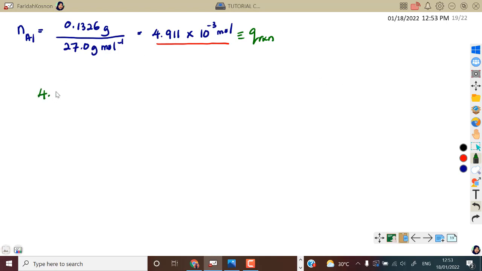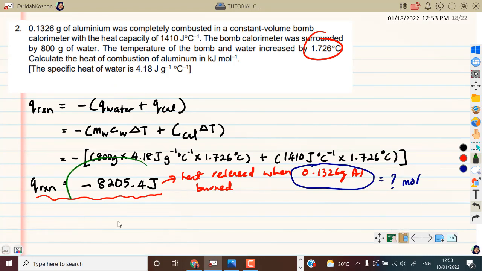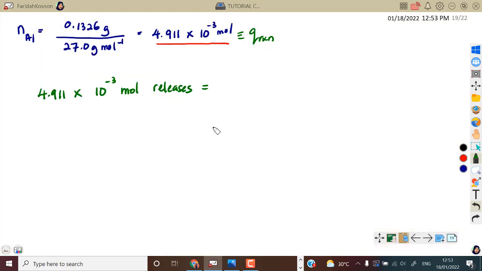So, 4.911 times 10 to the power of negative 3 mole releases. Okay, berapa banyak tadi? Tengok balik yang kita kira tu Q reaction. Ni Q reaction. Okay, releases negative 8205.4 joule. But we are going to determine the heat release when 1 mole of aluminium burn.